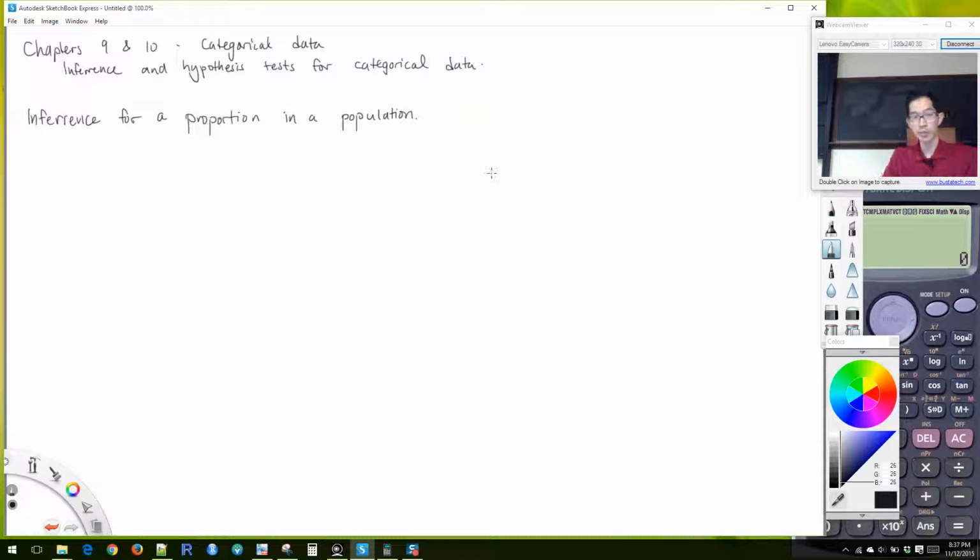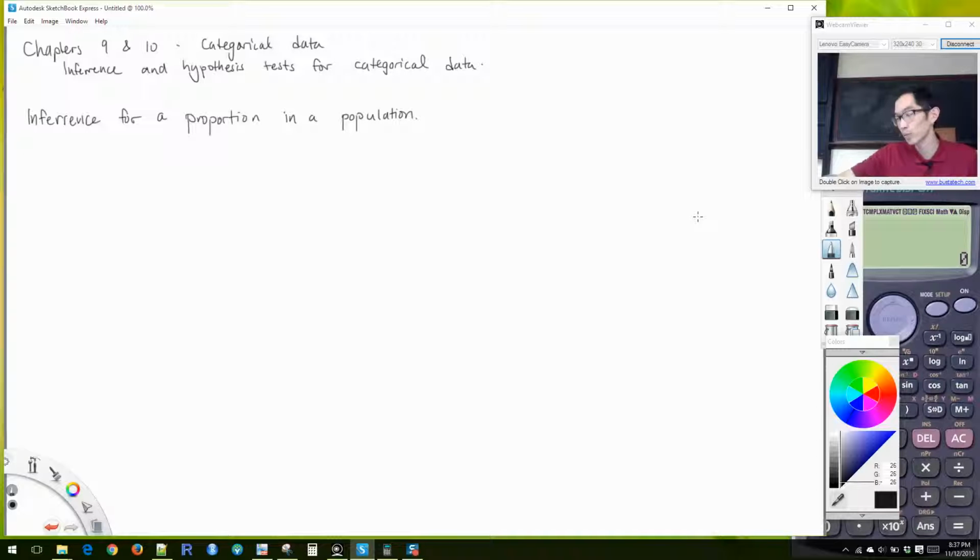So anytime you've got categorical data, your data is going to be recorded in counts. Well, most likely the raw data will be recorded with counts. How many people in the population are female, how many people in the population have had a heart attack or whatever it might be.